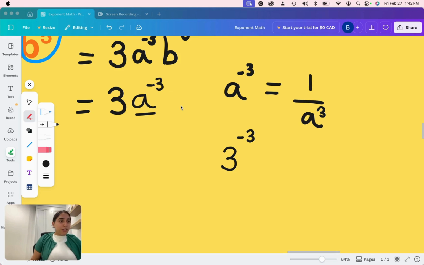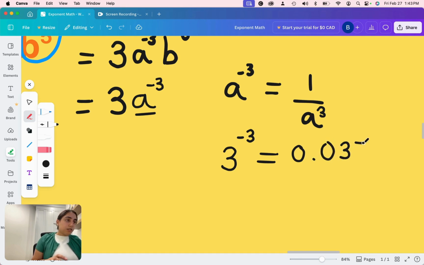If you plug that into your calculator, it equals 0.037. Likewise, if you take 1 over 3 to the power of 3, which is the reciprocal with a positive exponent, that's easier to simplify in this way.